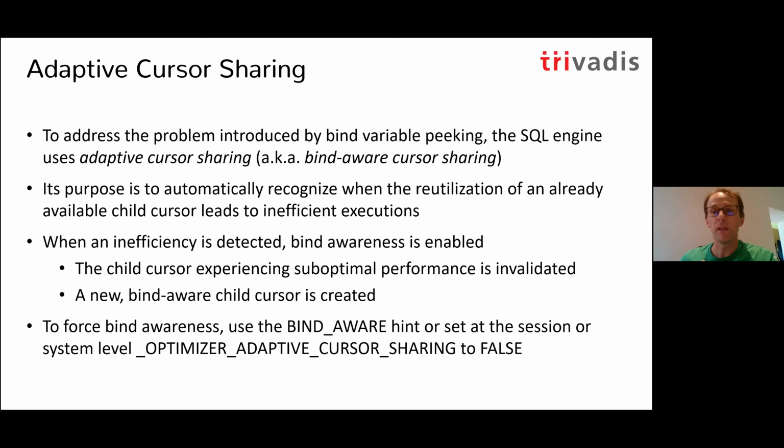And if you have an application or part of it that struggles with this feature and you cannot or do not want to put the bind_aware hint everywhere, what you can also set is the undocumented parameter _optimizer_adaptive_cursor_sharing. You can do it at session or system level to false, and that again will force the bind awareness for every cursor.